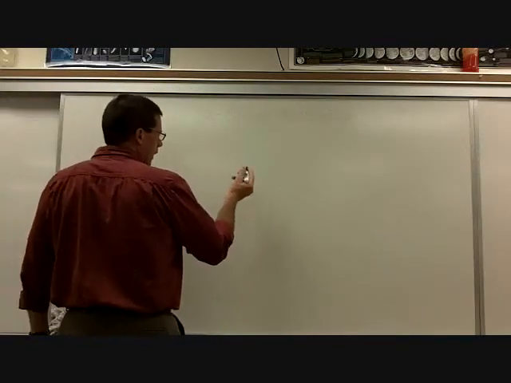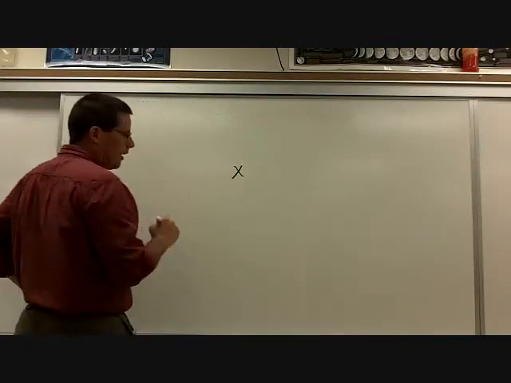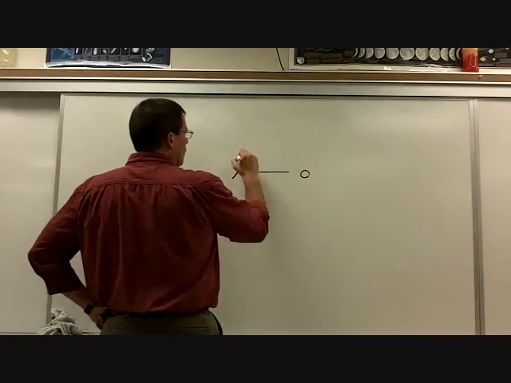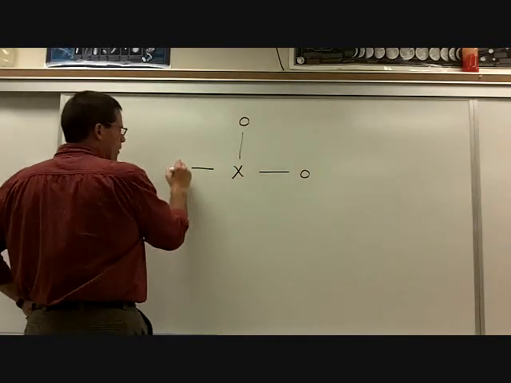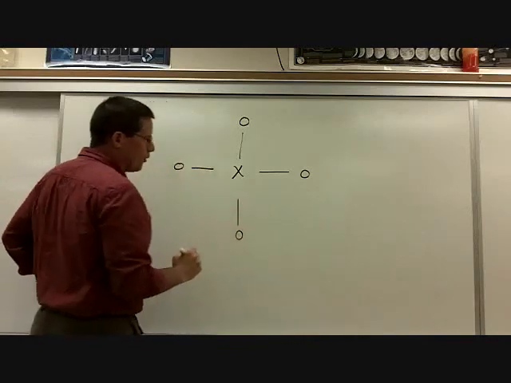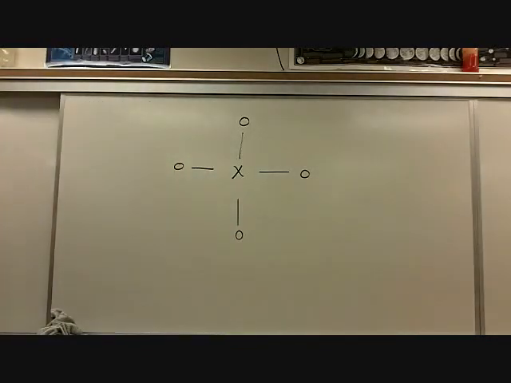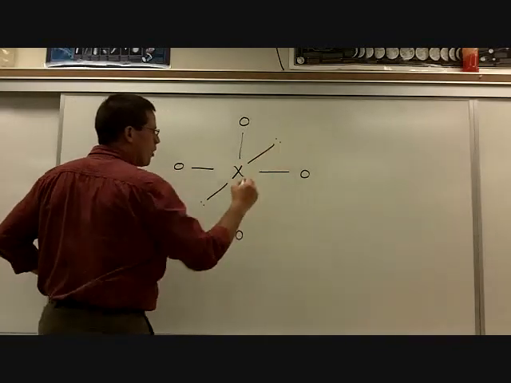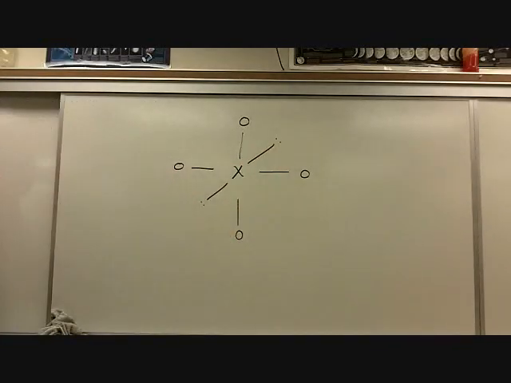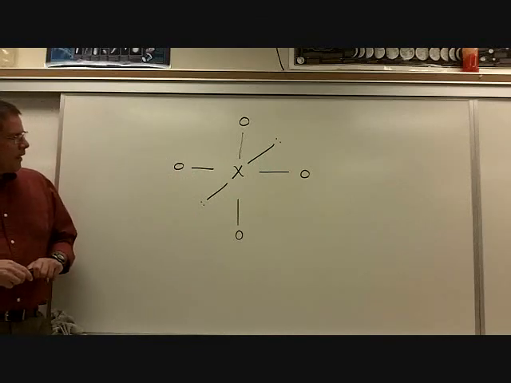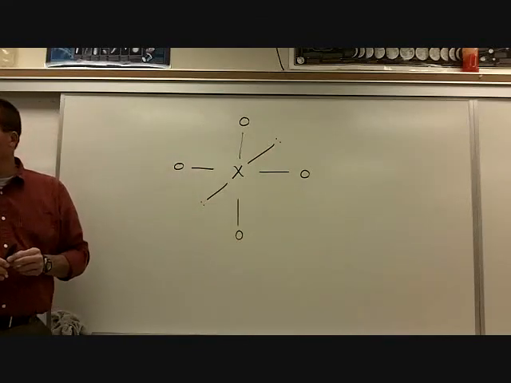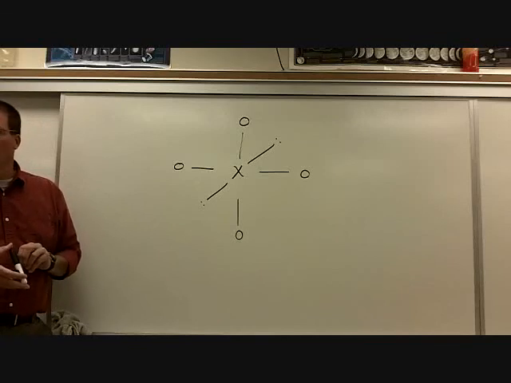If you have, and I can't think of a compound right off hand here, but we'll go X and O's here. They're not oxygens, and there's no element X. But if you have, say, this scenario, and for whatever reason I'm drawing a blank, I can't remember a compound that does this. What shape does this form, molecularly speaking, just the atoms alone?